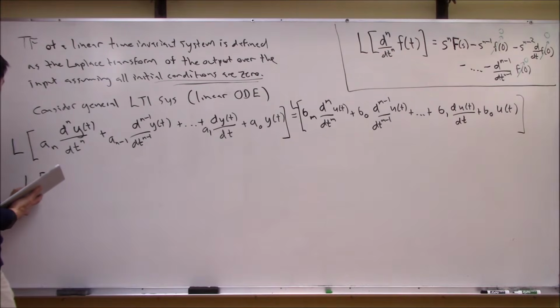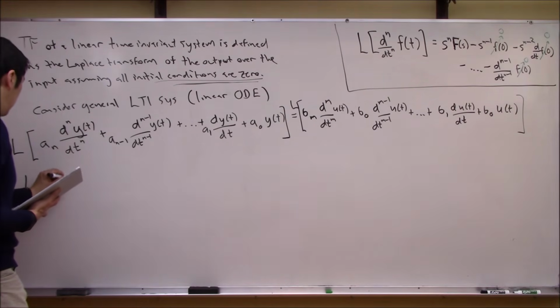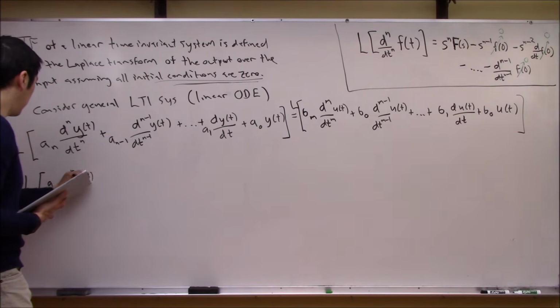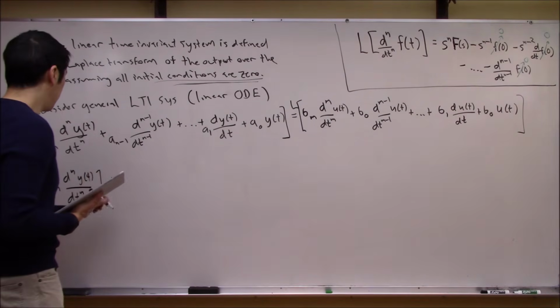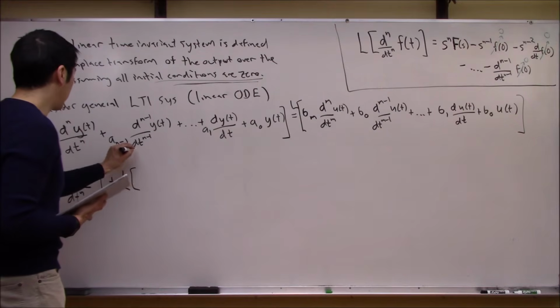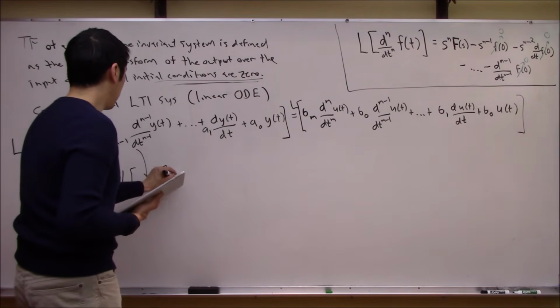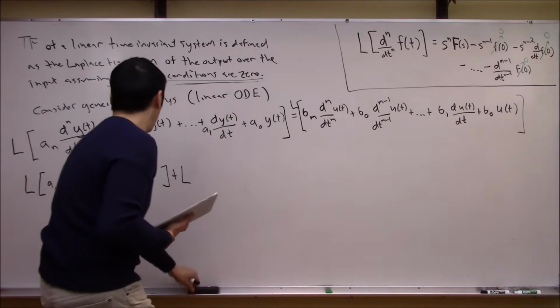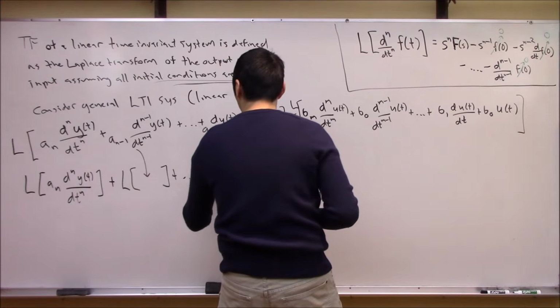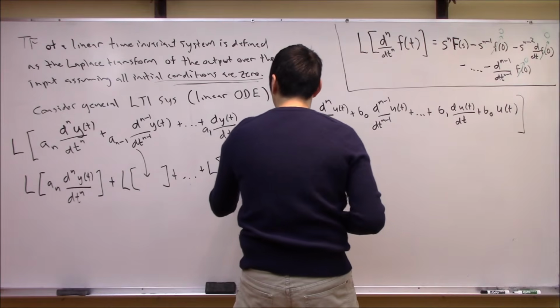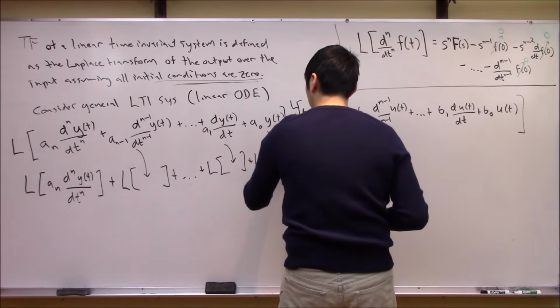So the Laplace transform of a_n d^n y(t)/dt^n, plus the Laplace transform of this term, plus the Laplace transform of, well, now we've got a bunch of dots, plus the Laplace transform of that term.